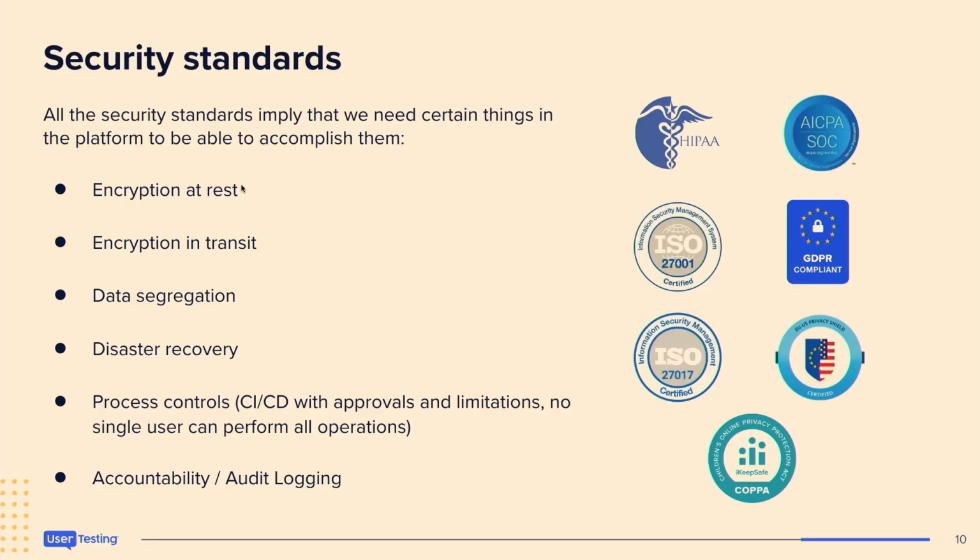Accountability and audit logging: when we first talked about it, I personally thought it was about the production environment having who did what and when. But this is actually not only about that.